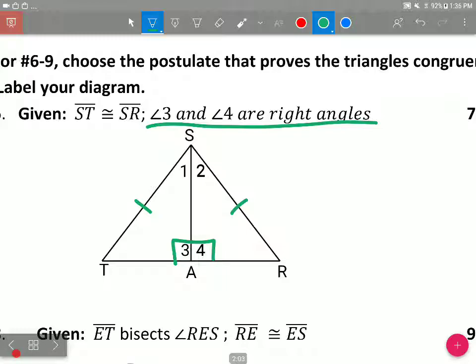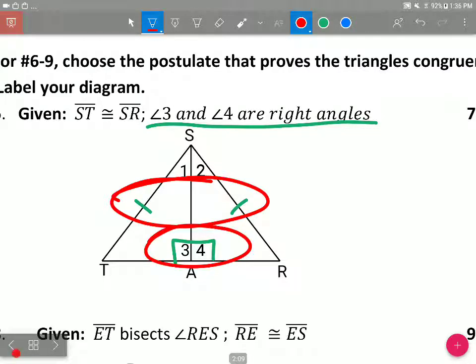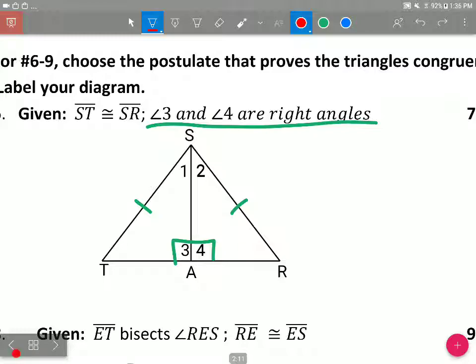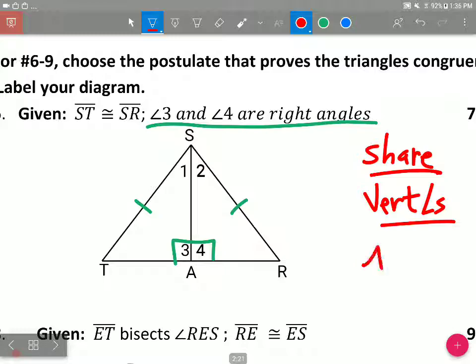Okay. Now you're looking for... You've only got two pieces of information. I've got these ones and I've got those ones. I need three pieces. So we start looking for shared sides. Do they share anything? We're looking for vertical angles. Are there any vertical angles or alternate interior angles? That's the parallel line thing.